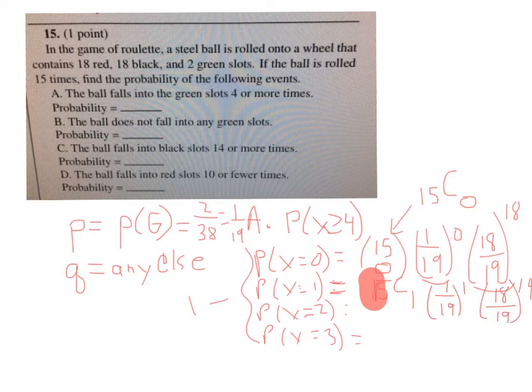And I just realized I made a mistake up here, and that shouldn't be 18. It's out of 15 tries, so we want 15 times for it to not go in the green slot.